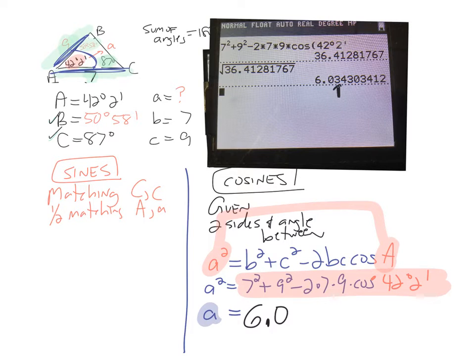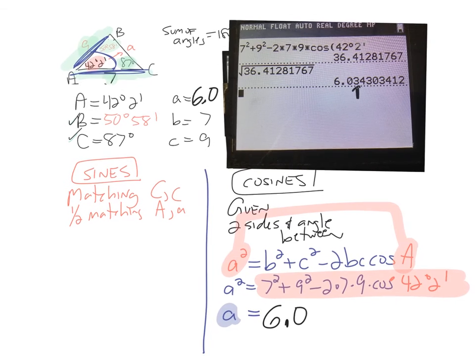So side A is going to be 6.0. And that's what you found if you solved for side A using the law of cosines, which I think is a lot of times easier.